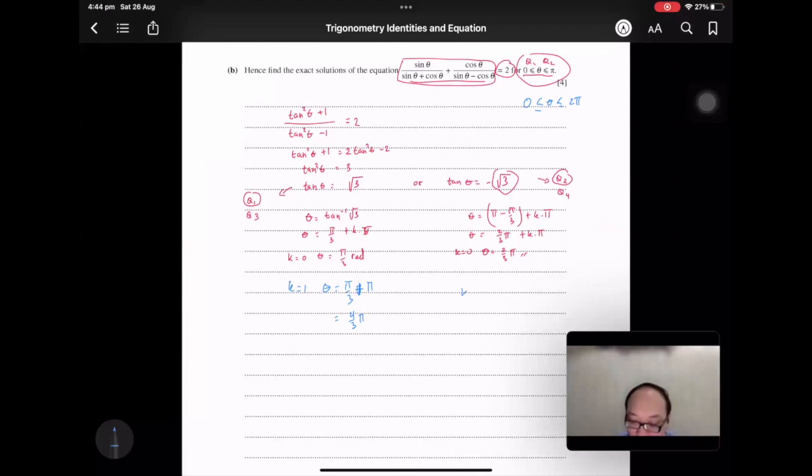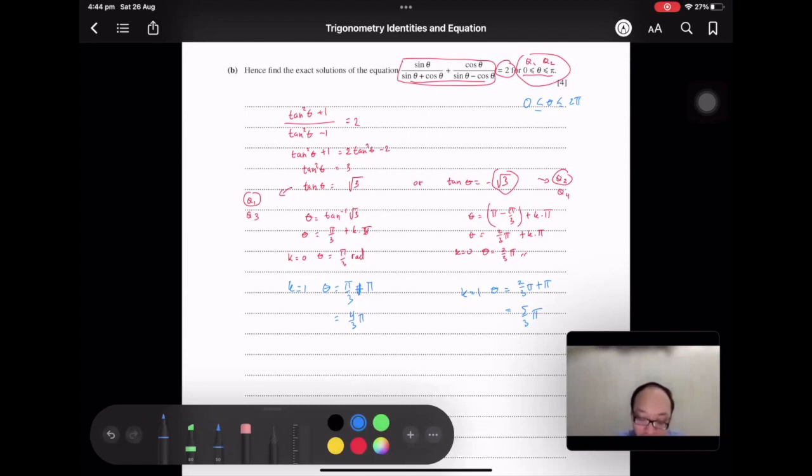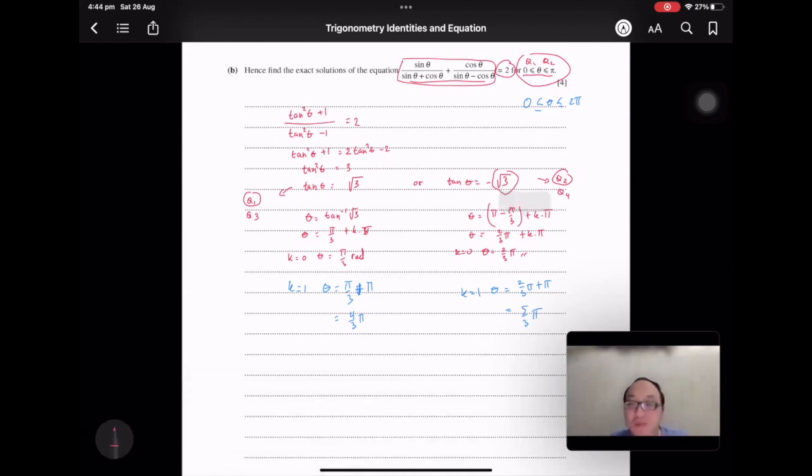And also in here, k equals 0, equals 1. So theta equals 2 over 3 pi plus pi equals 5 over 3 pi. So there are two additional answers if the domain is expanded.